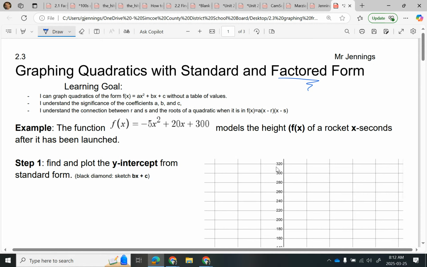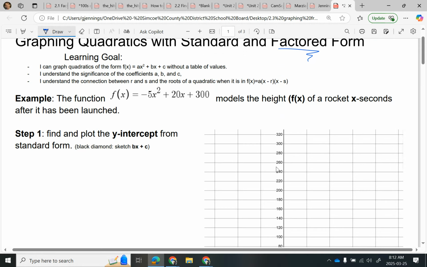So, today, we are going to be looking again at graphing f of x is equal to ax squared plus bx plus c, a quadratic given to us in standard form. And we're going to do so today without a table of values. We're still going to be able to find all of the intercepts and the vertex using this method, never needing a table of values.